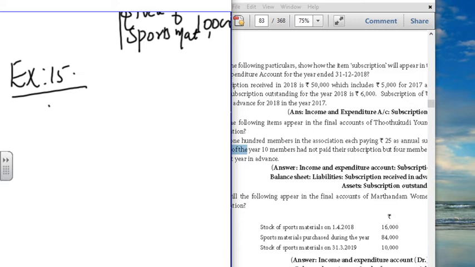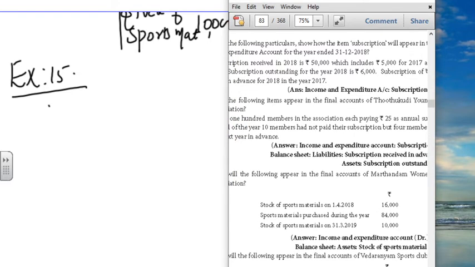They have given the information as an opening stock of a bat and ball, purchases, sale of bat and ball, and closing stock. First we'll analyze where it is going to appear. Opening stock, you will add it. Purchases, you will add it. Sale of sports material will appear in the income side, and closing stock will be deducted. Again, closing stock is going to appear in the asset side.